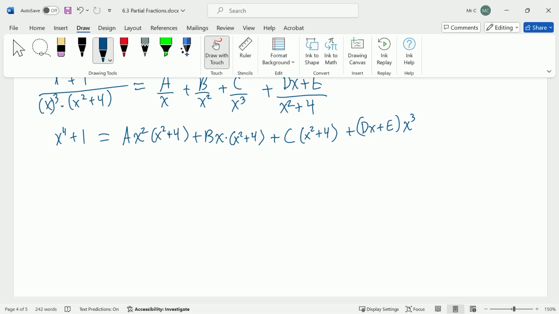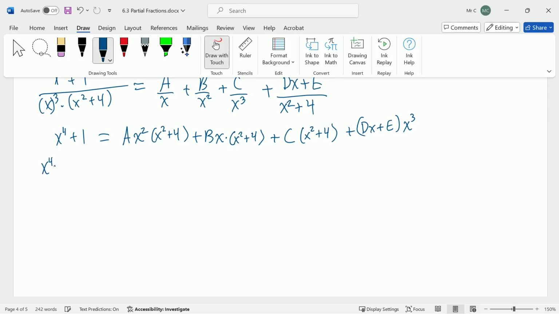There's no real number I can plug in to make x squared plus 4 zero. And so that path isn't going to help a whole lot. If I plug in x equals 0, it might help me solve one of my constants, but it won't help me solve anything else. So I'm going to take a different algebraic approach this time.